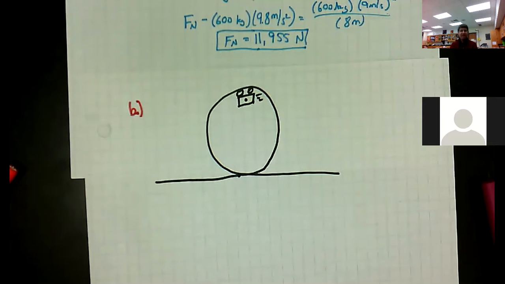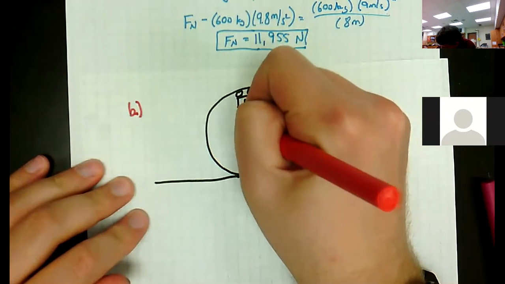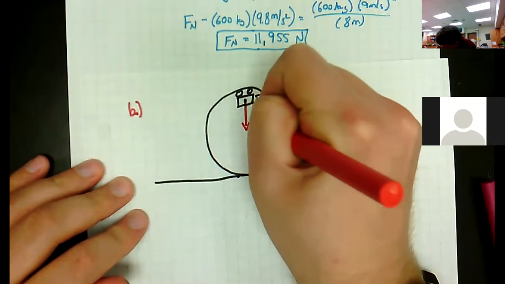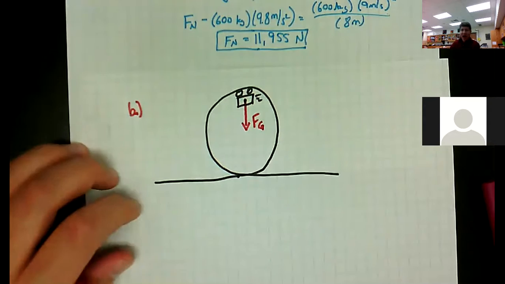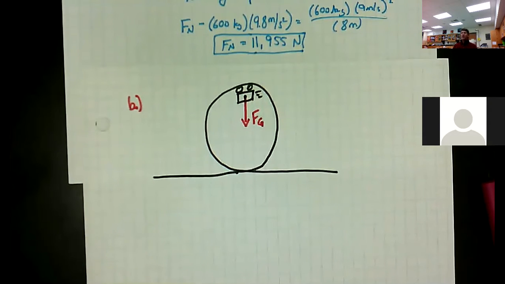Now, let's think about what our forces are now. Well, we still are the same car, so we probably still have the same weight. We're still going to have the same force of gravity. However, which way does the normal force point this time? A normal force is a surface, so we're used to a normal force pointing up.